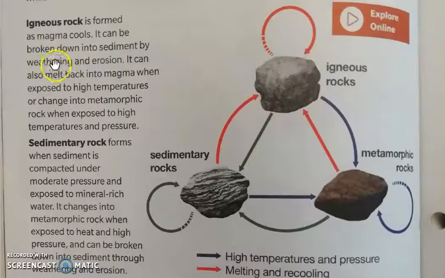Weathering and erosion is like when the wind or water breaks the rock down into smaller pieces. It can also melt back into magma when exposed to high temperatures, or change into metamorphic rock when exposed to high temperatures and pressure. Okay, so that is igneous rock.